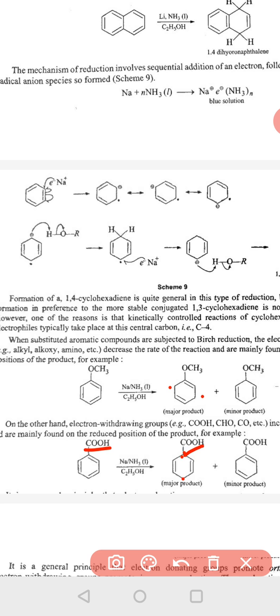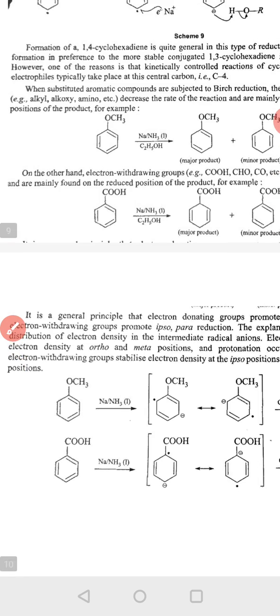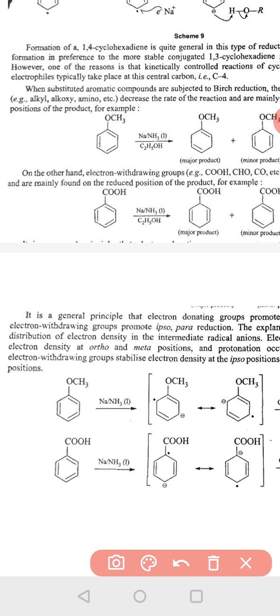The explanation for this is based on the distribution of electron density in the intermediate radical anion. Let's see the mechanism. This is the first step. In the first step, an electron attaches to the reactant and we get a radical anion. This radical anion undergoes resonance and we get these two resonating structures.